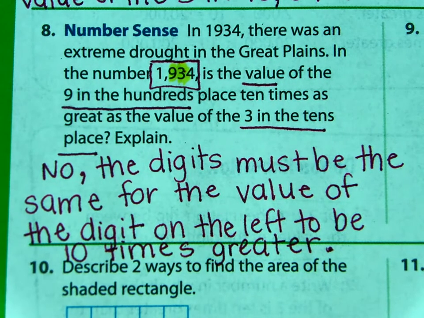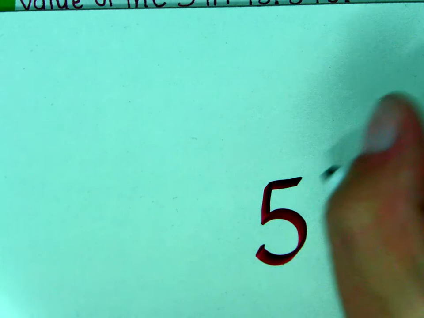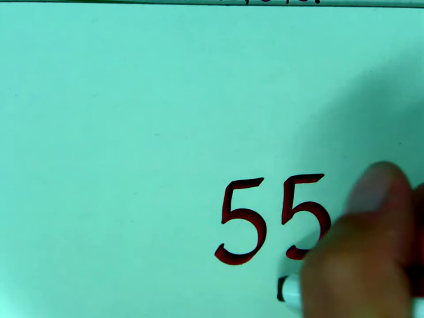So what does that mean? Well, let's take a moment. Let's go back to that example that I used earlier. And I said that, I'm going to move my whiteboard here. So the number 55. Ones place, tens place, right?